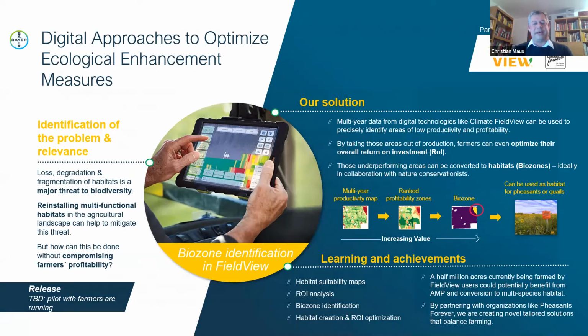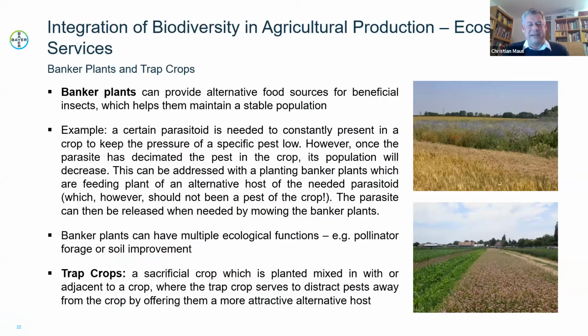Another way is, instead of finding this kind of balance, even including natural diversity in agricultural production systems, for instance, banker plants and trap crops.